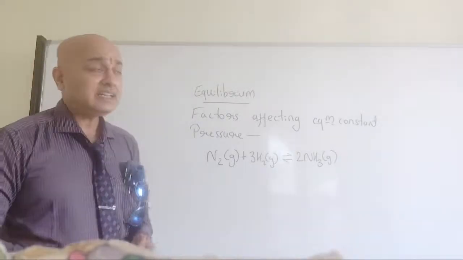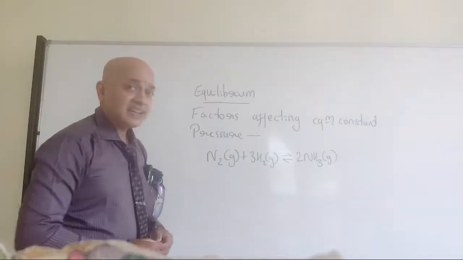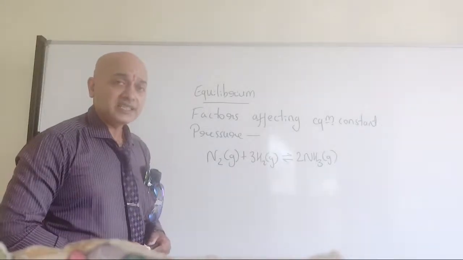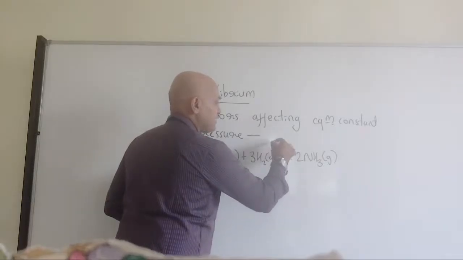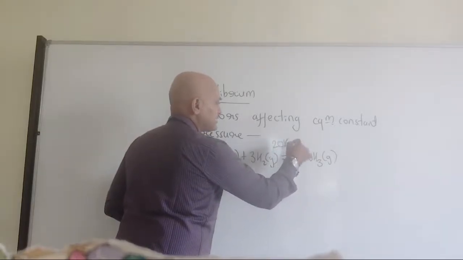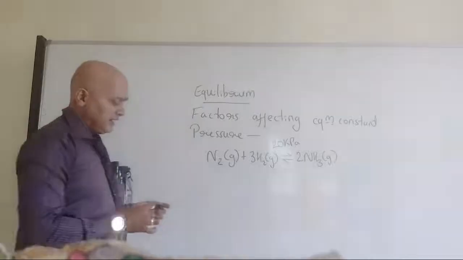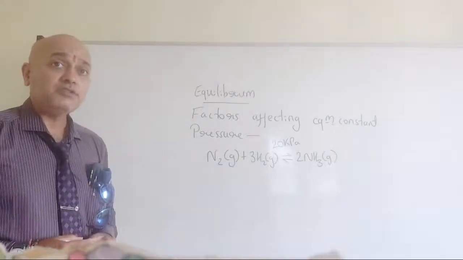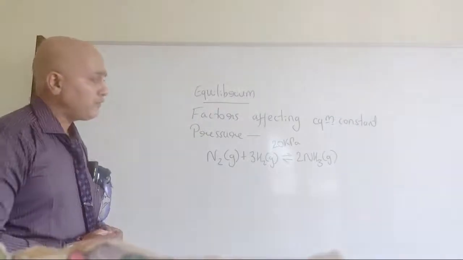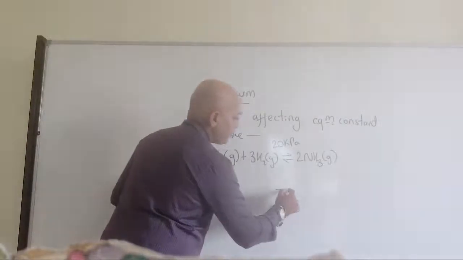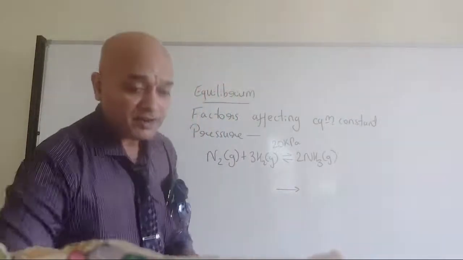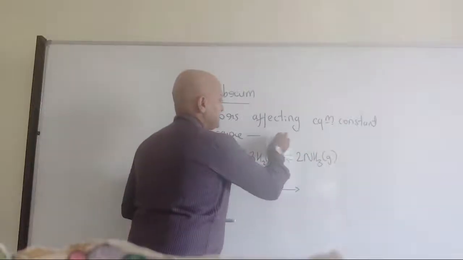Now if you observe carefully, in this reaction they maintain somewhere around 20 kilopascal pressure, right? If you supply that much pressure, naturally the reaction will happen in the forward direction. To avoid the confusion, I will do it like this.